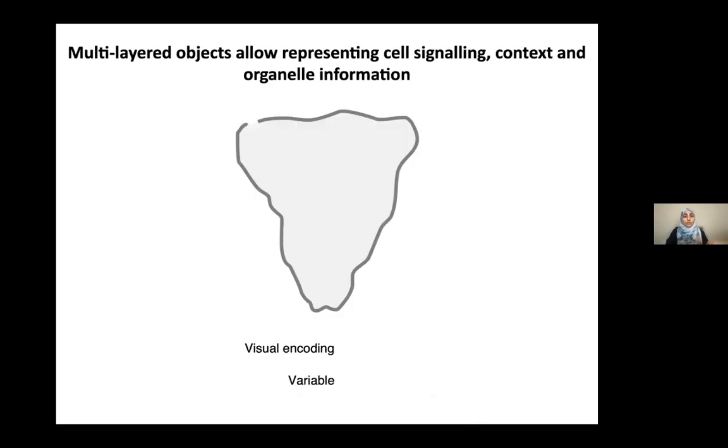So here I'm going to show you, step by step, how I created a representation using Shapography. I created an object that looked like a HeLa cell, and then mapped the signaling of a certain protein to the periphery of this cell.